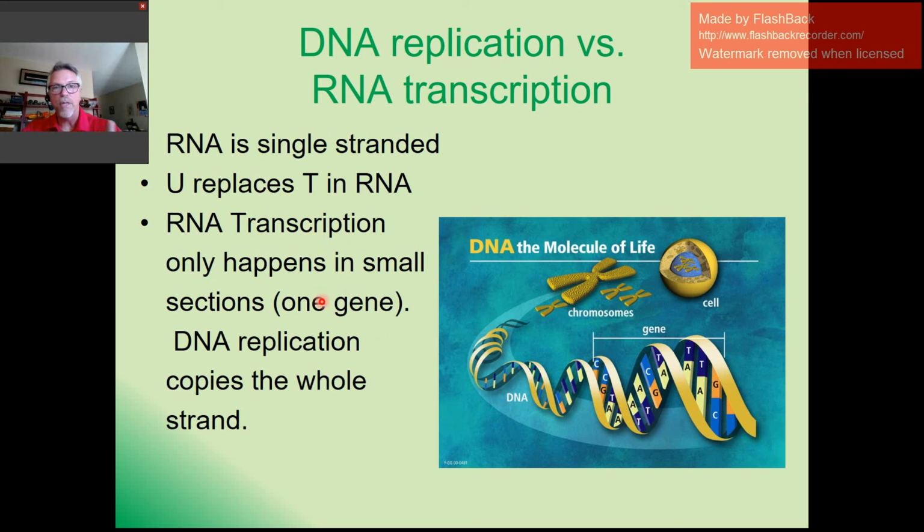You just need one particular gene, the recipe for one particular protein. So RNA transcription takes place only in little tiny pieces, only at certain times, whereas DNA replication, you're copying the entire chromosome, all the DNA in the cell, all at the same time. So RNA transcription only happens in small pieces, whereas DNA replication happens all at once.